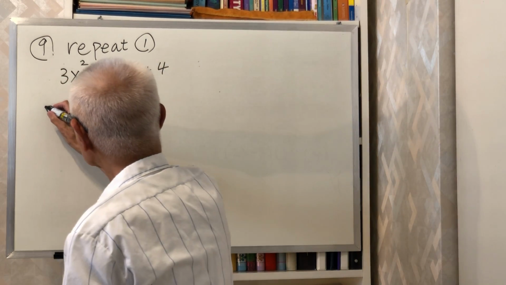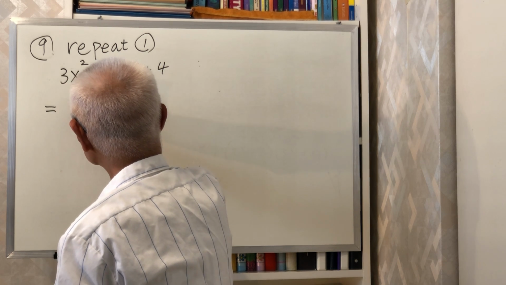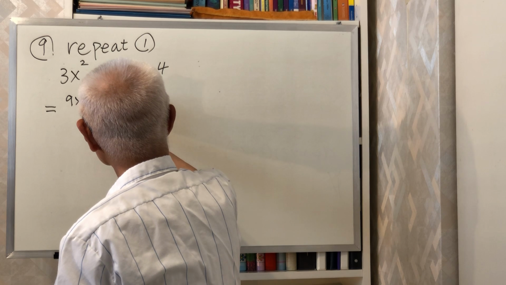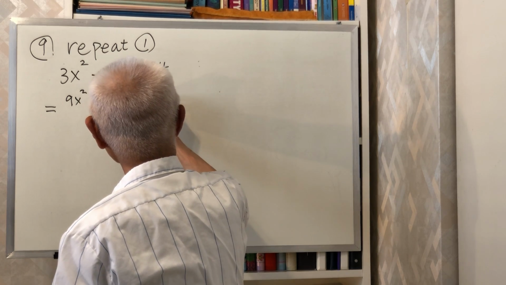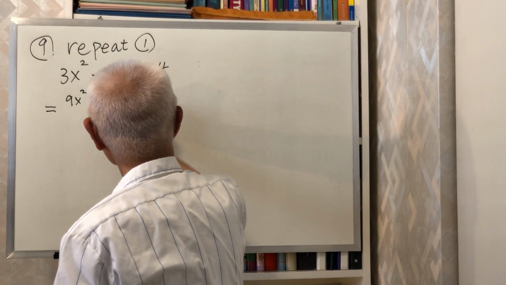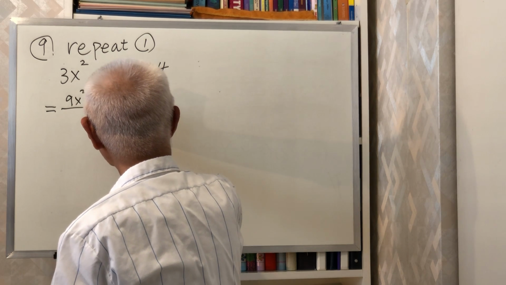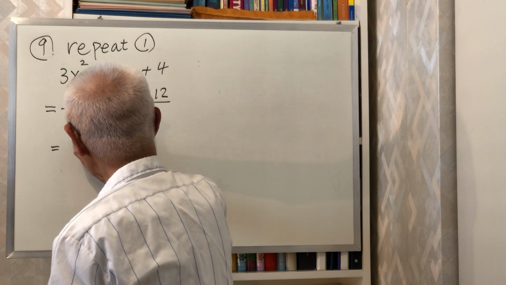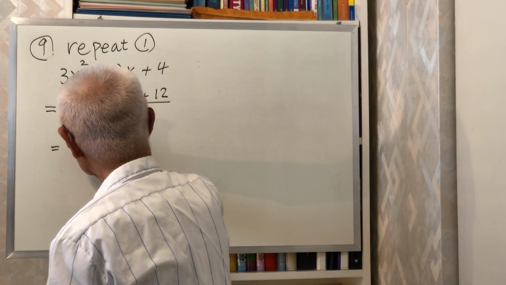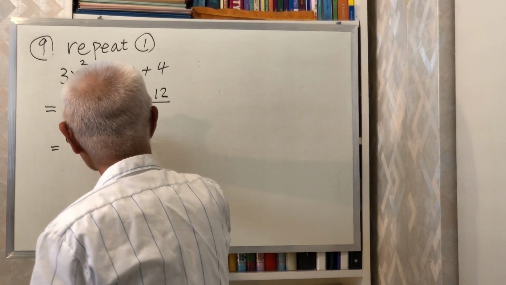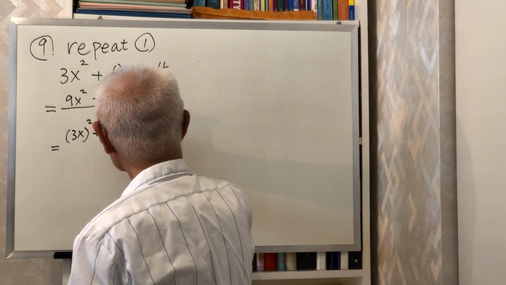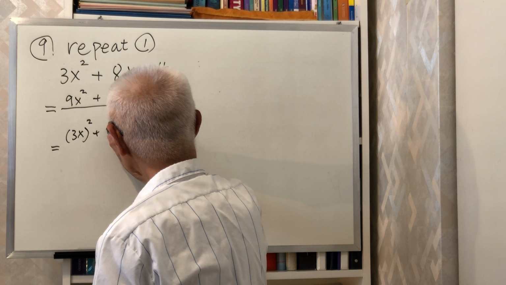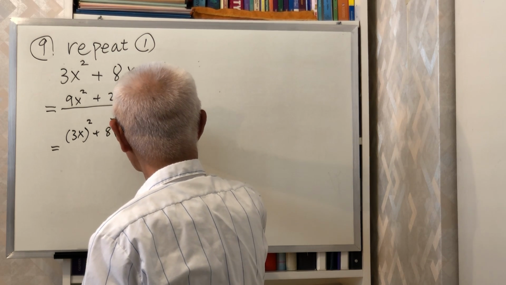So 3 times 3 is 9, 3 times 8, 24, 3 times 4, 12. Divide by 3. And then I see that 9x squared is 3x, the whole thing squared. And then this is 3x times 8 and plus 12.